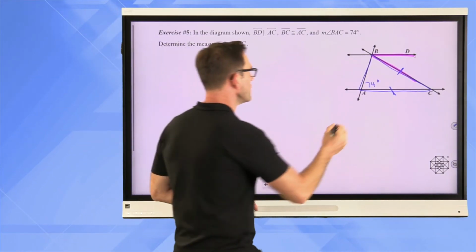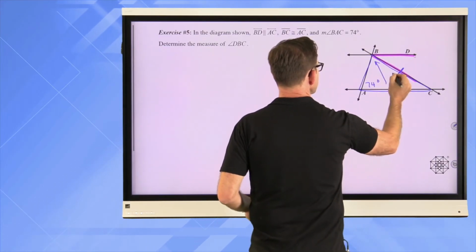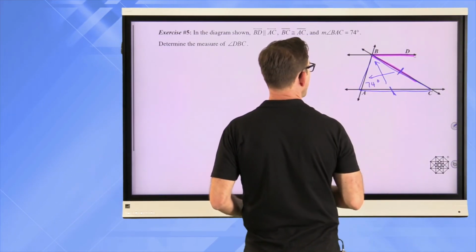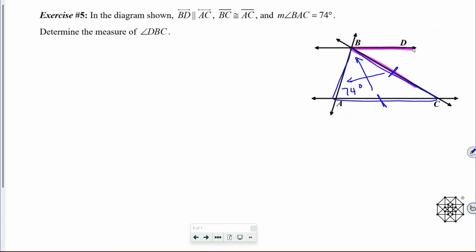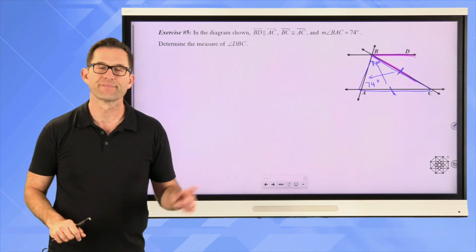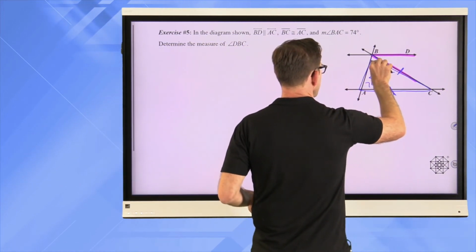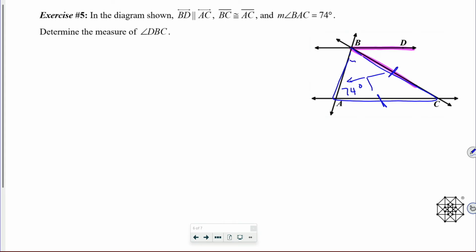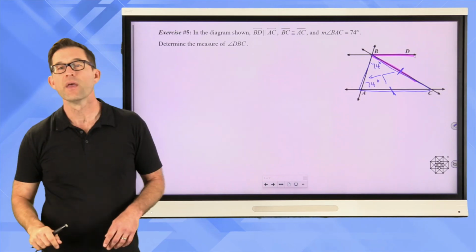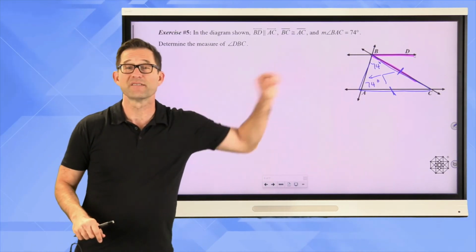The angles that are across from congruent sides have to be congruent, which means this angle must also be 74 degrees. Anyway, these two angles have to be 74 degrees.